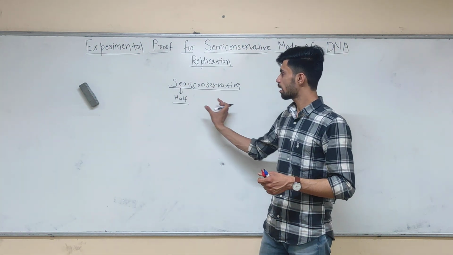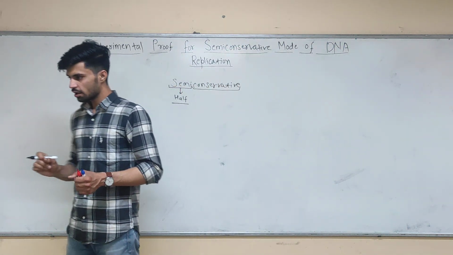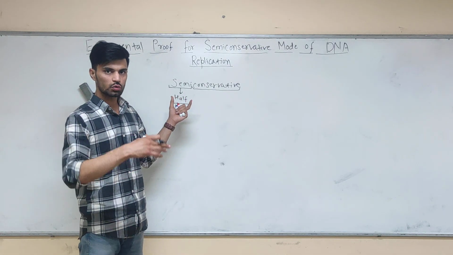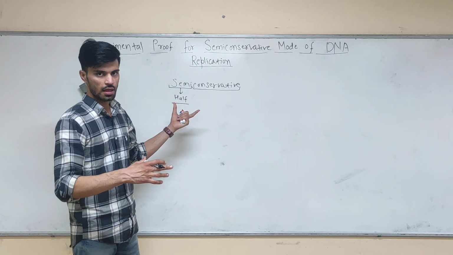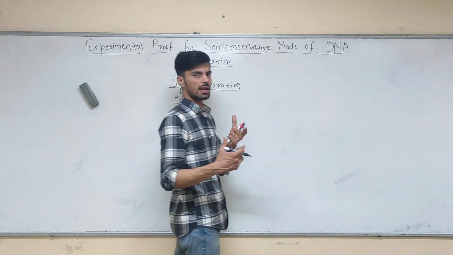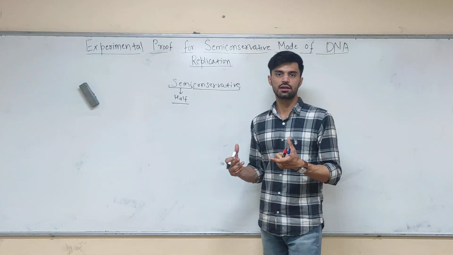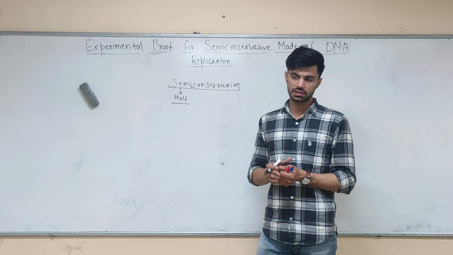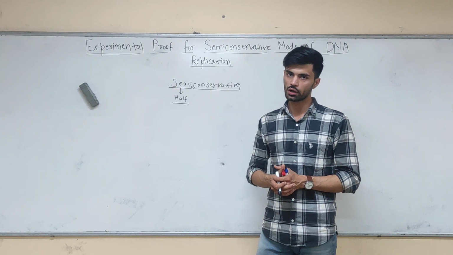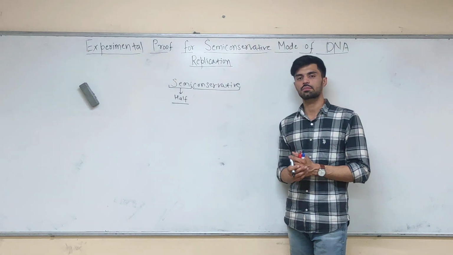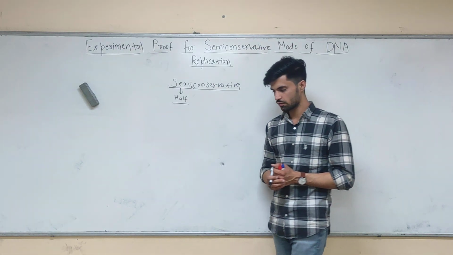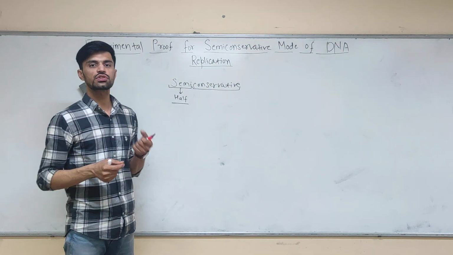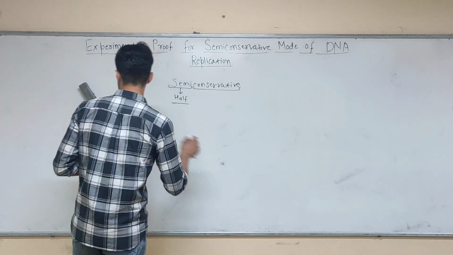So when DNA replicates, it half conserves itself, not whole but half only, because when the DNA replicates, one strand of the DNA will be new and the other half strand will be older. Before starting our topic, we will look at how DNA replicates and in which cell cycle it replicates. Okay, so let's get started.